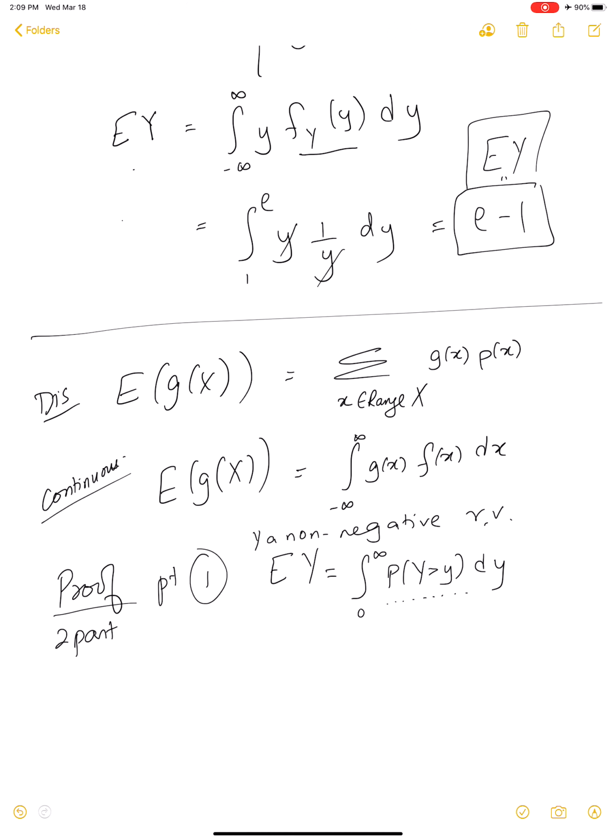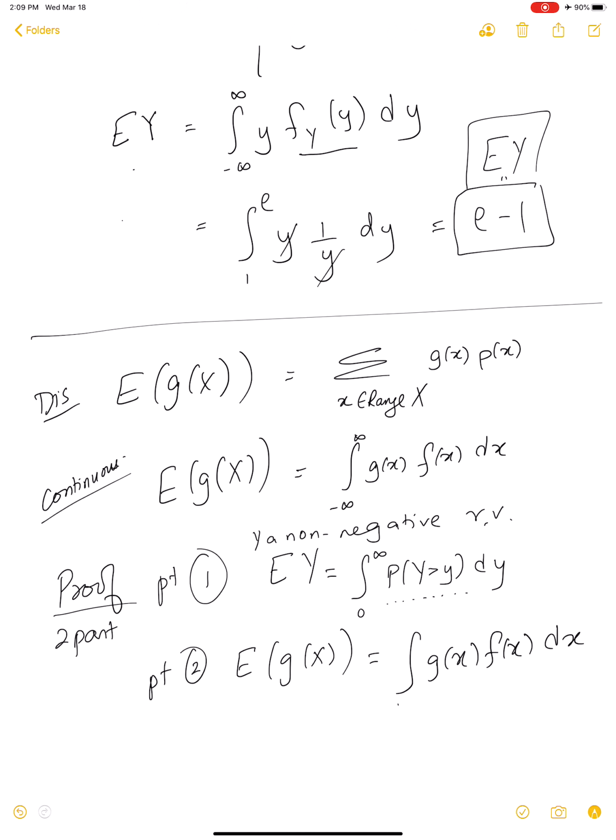That's part one. And in part two, you use this to show that the expected value of a function of a random variable is equal to the integral of g of x times f of x dx.